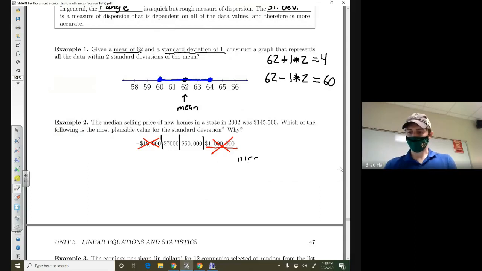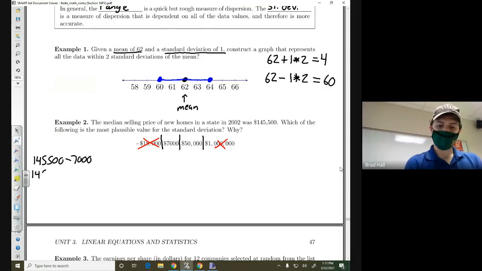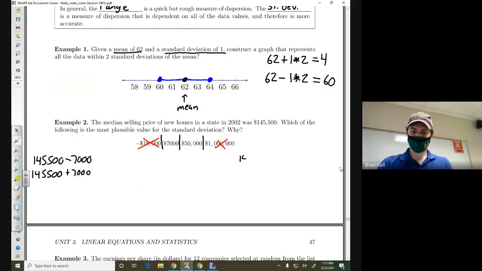So let's get that up. So that leaves us with 50,000 or 7,000. Minus 7,000, plus 7,000. That'd be for one of them. And then 50,000 on the other hand.